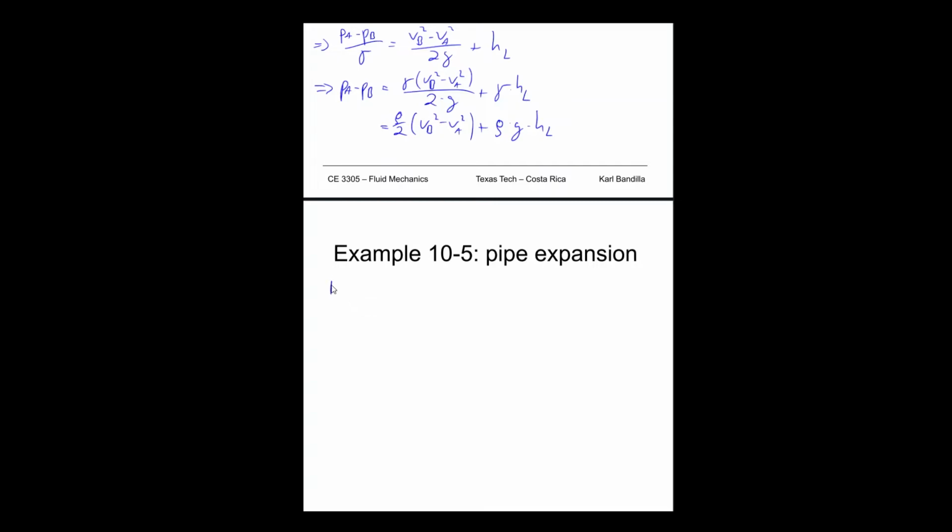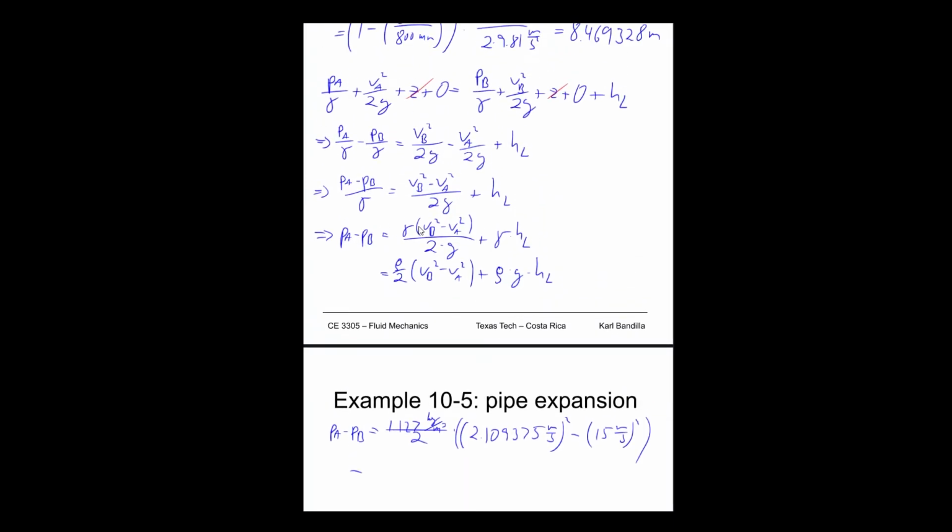All right, so PA minus PB is then equal to 1.127 kilograms per cubic meter divided by 2 times the VB that we calculated, right, that was 2.109375 meters per second squared, minus 15 meters per second squared, and all that minus... where do I have a wrong setup here somewhere.